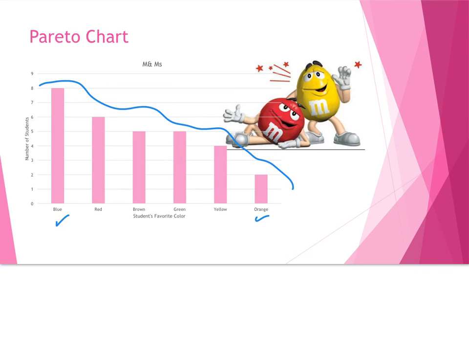When I have a bar chart that's arranged so that it stair steps down, that's called a Pareto chart. So a Pareto chart is still a bar chart, but it's a specialized kind where your data was nominal, so you put it in order from most popular to least popular.